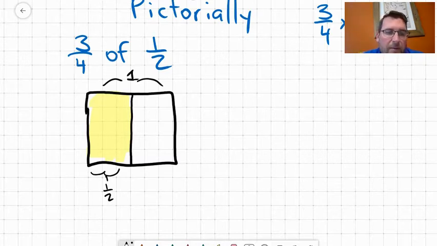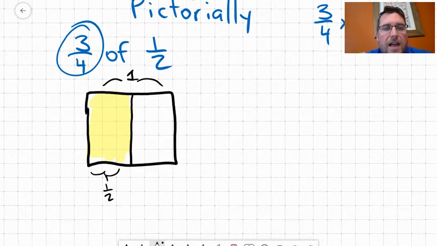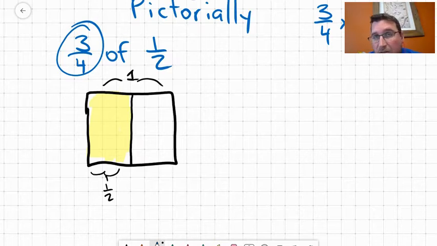Now, what I'm looking for is to find what 3/4 of that is. So I have to divide that up. I have to partition it. We talked about the word partition. I have to partition it into 4 equal sections. And so if I'm going to partition into 4 equal sections, how many lines should I draw?